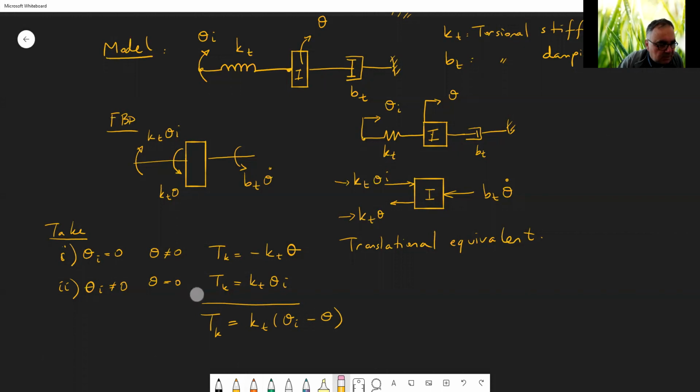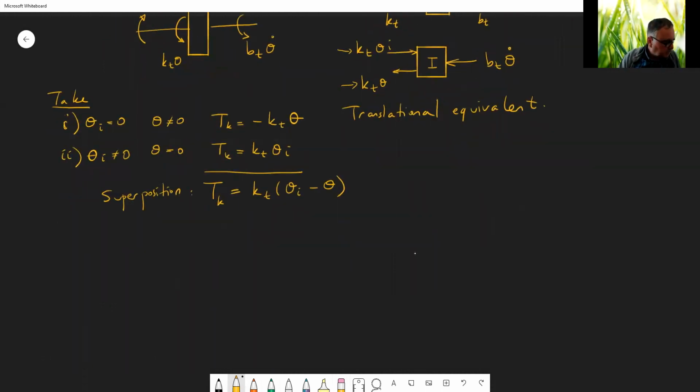Let's not think about this as an addition, but superposition. And this is the trickier part of this problem. So if you sum up the torques on this thing, it will be Kt times theta I minus theta minus Bt times theta dot is equal to I times theta double dot.